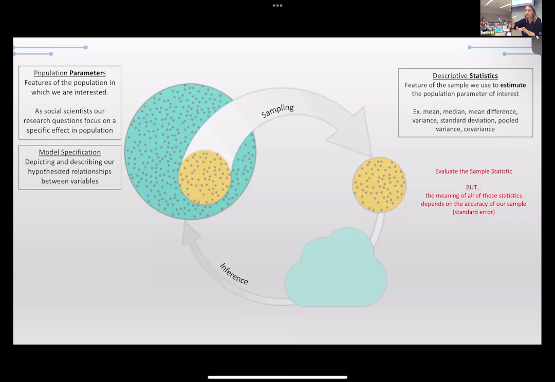Before we do that, we have to determine how good a representation our sample is. More specifically, what we're going to determine is not how good it is, but how off it's going to be, how bad it's going to be. That's standard error. Now, standard error is ultimately what we care about when it comes to all things probability and null hypothesis testing.